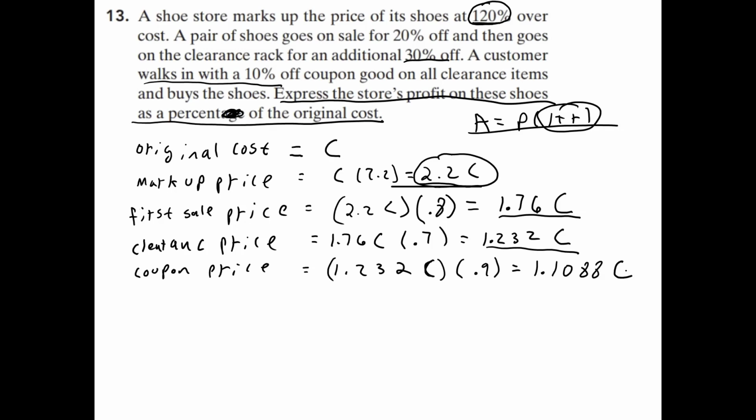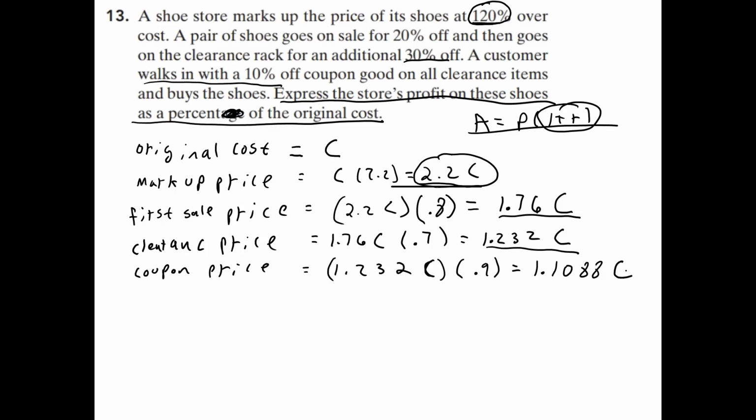Okay. Express the store's profit on these shoes as a percentage of the original cost. Okay, so again, we now only want to talk about the profit, not how much we sold it for.